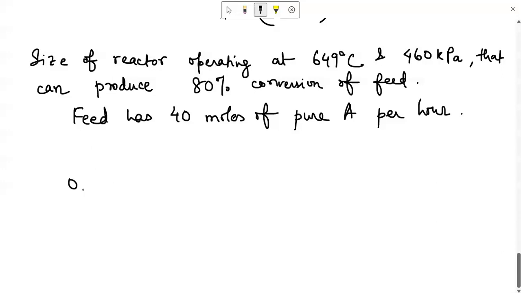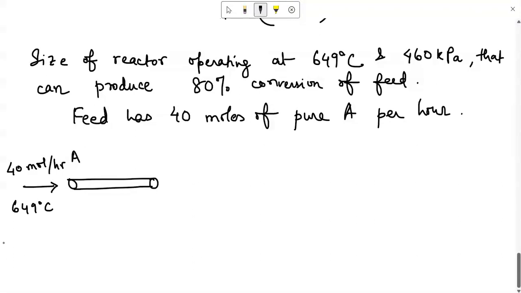First of all, let me draw a tubular plug flow reactor. At the entrance, we have 40 moles per hour of A, the temperature is 649 degrees Celsius, and the partial pressure of A is 460 kilopascal.